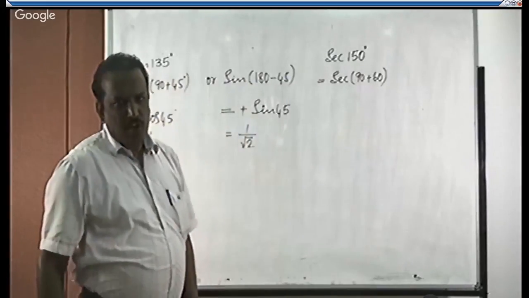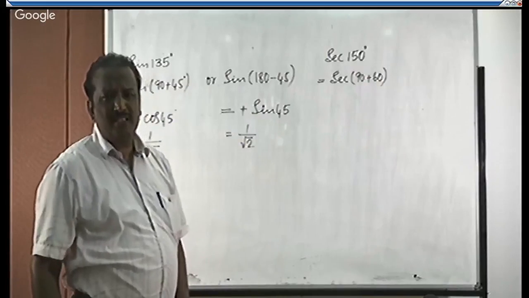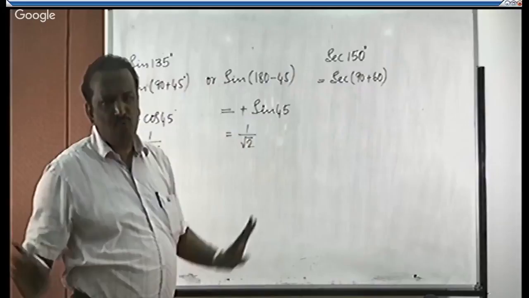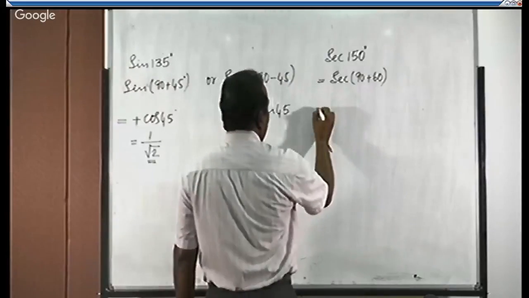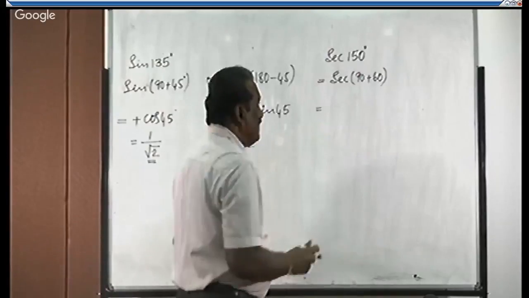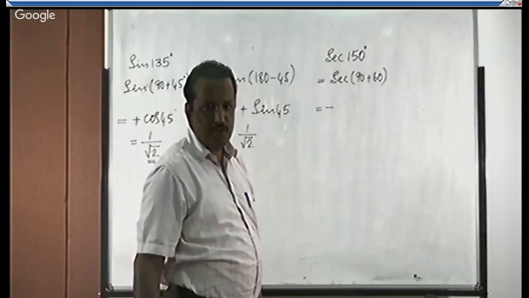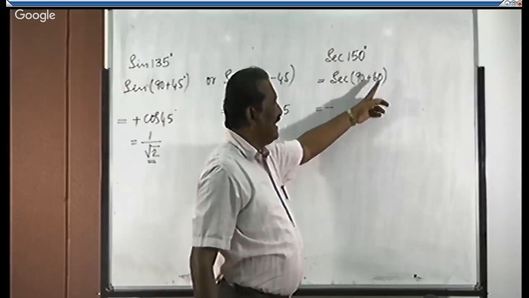Both are same. If you say 90 plus 60, it is 150, or 180 minus 30, it is also 150. Again 90 plus theta comes under the second quadrant. In the second quadrant, secant is negative because only sine and cosecant are positive.